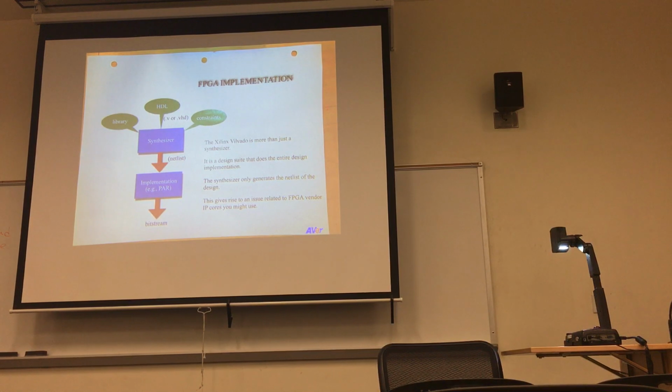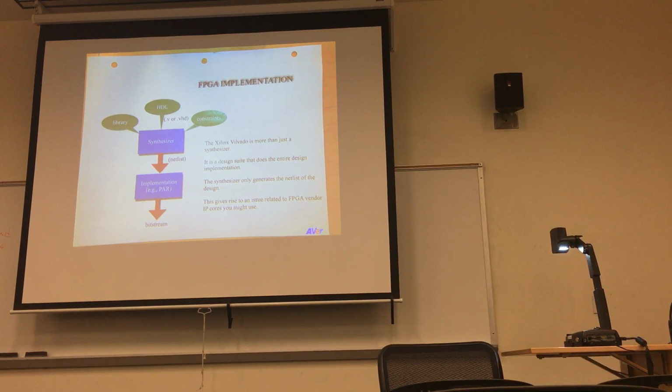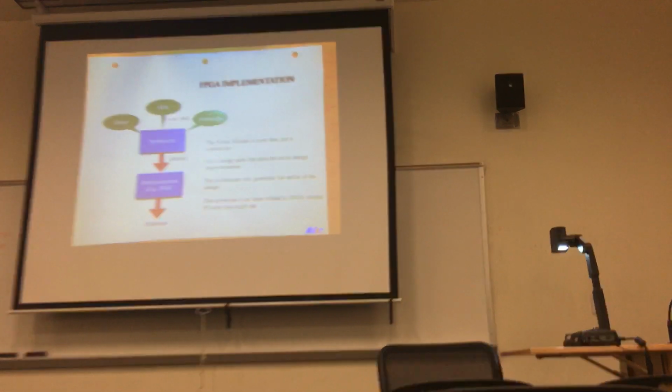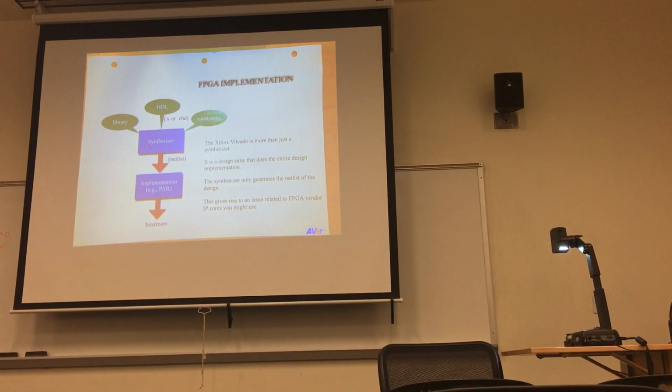And you'll see that abbreviated either one of those ways, so you should be familiar with both ways. So PAR is place and route. I prefer PAR, place and route. And then out of the place and route, you get that binary bitstream that you're going to use to actually download into the FPGA program. So that Xilinx Vivado that you've been using is more than just a synthesizer.